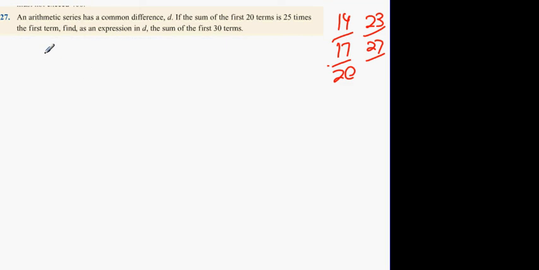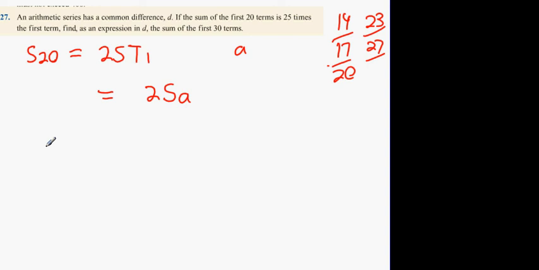So the sum of the first 20 terms, S20, equals 25 times T1. Now, T1 is a, so it equals 25a. Now we have to work on S20.